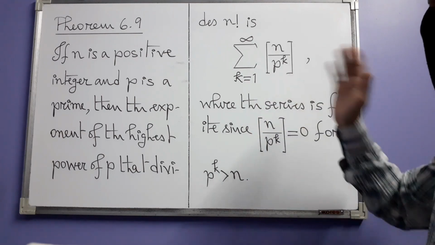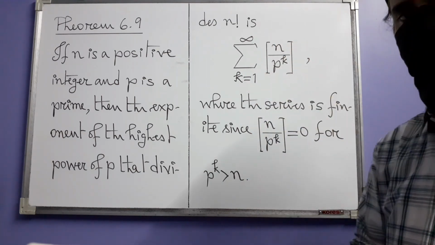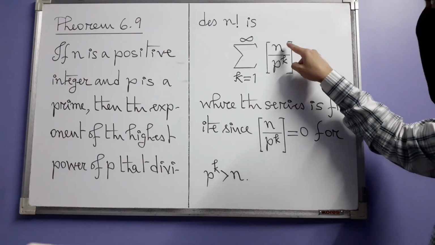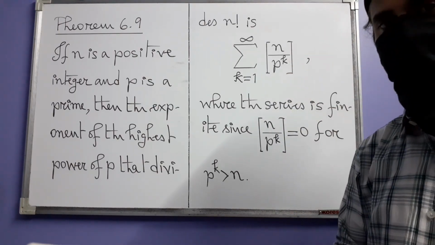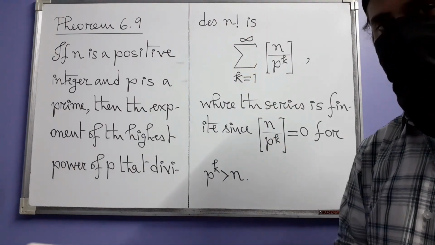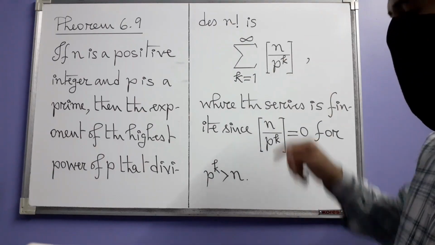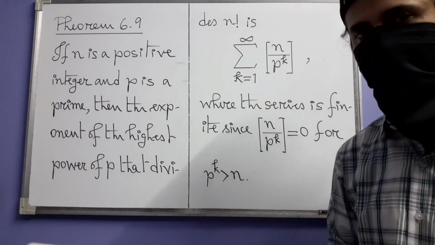Now let us look at the terms of this series. Here we see the greatest integer function of what? Of n divided by p to the power k, where k varies from 1 to infinity. So the first term of this series is the greatest integer value of n divided by p.